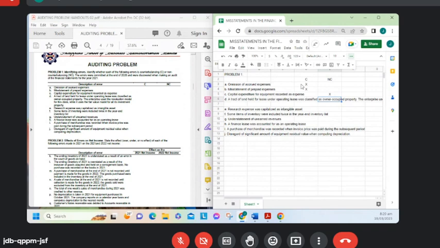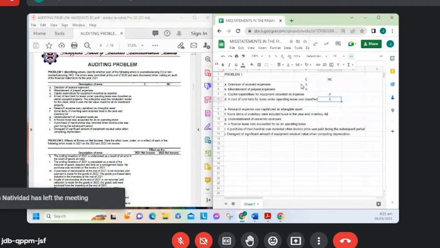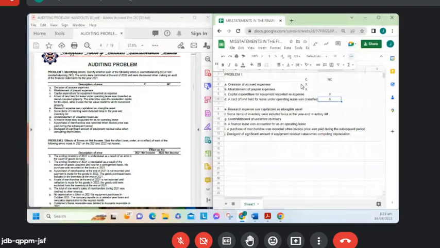So for this one, it's considered a non counterbalancing item as well. The classification of the tract of land, if it's under operating lease, supposedly should be treated as investment property.